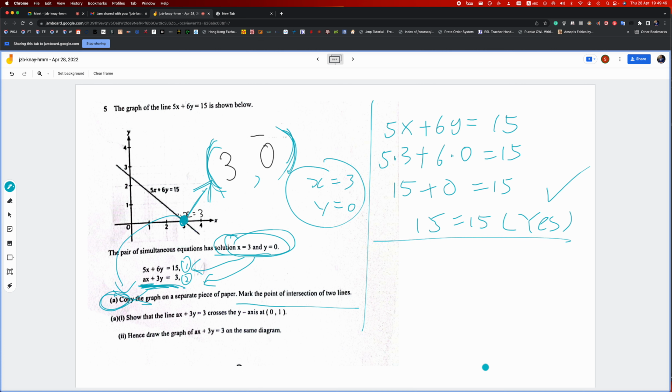Here, this area. Can you test the equation 2 for me? Go. You are not writing down anything.